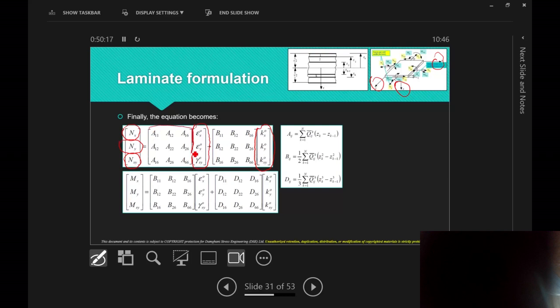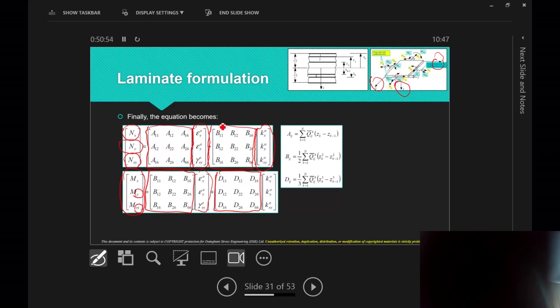We call it a matrix. From now on, you need to know that as composite experts. The A matrix, A11, A12, A16, and all of that, and the B matrix. Similarly, bending moments about X, about the Y-axis, and torsion are associated to strains using a B matrix and a D matrix. In composite terminology, we call the A matrix the extensional matrix, which purely deals with extension of the composite: elongation, contraction.